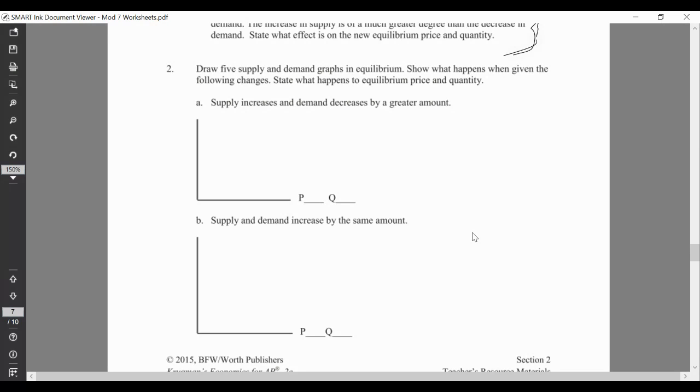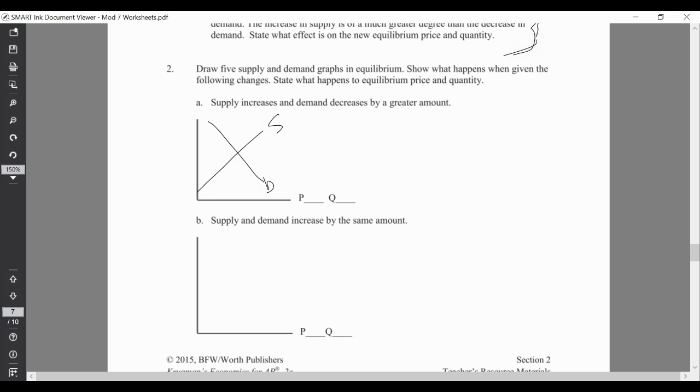Number two says draw 5 supply and demand graphs in equilibrium showing what happens when given the following changes. All right, so what's going to happen? So let's put the supply and demand curve here. And it says supply increases and demand decreases by a greater amount.